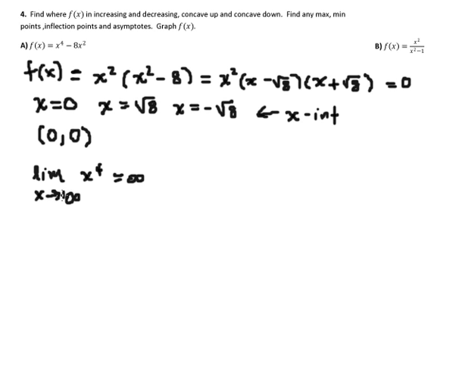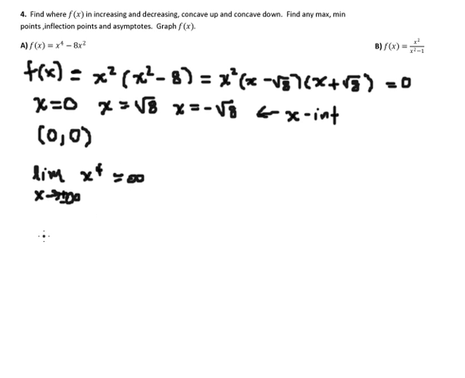The limit is infinity when x goes to plus infinity or minus infinity. X to the fourth will go to positive infinity. So this function goes up to infinity all the way on the right and all the way on the left.